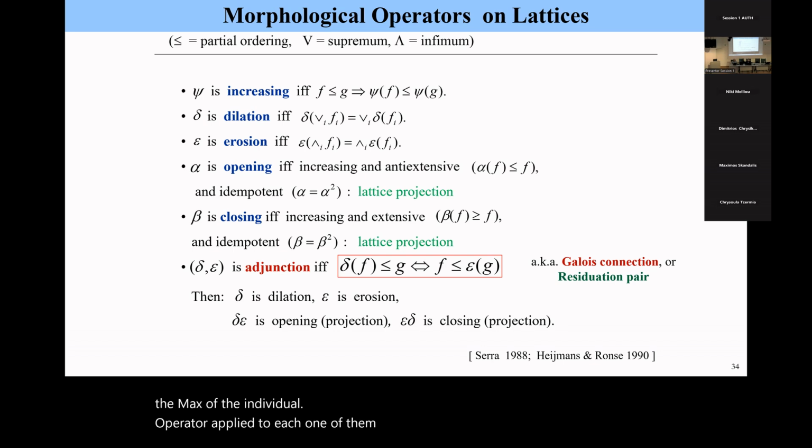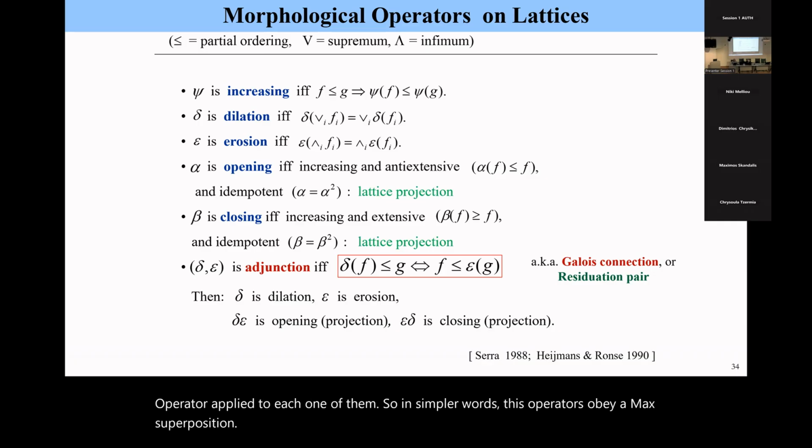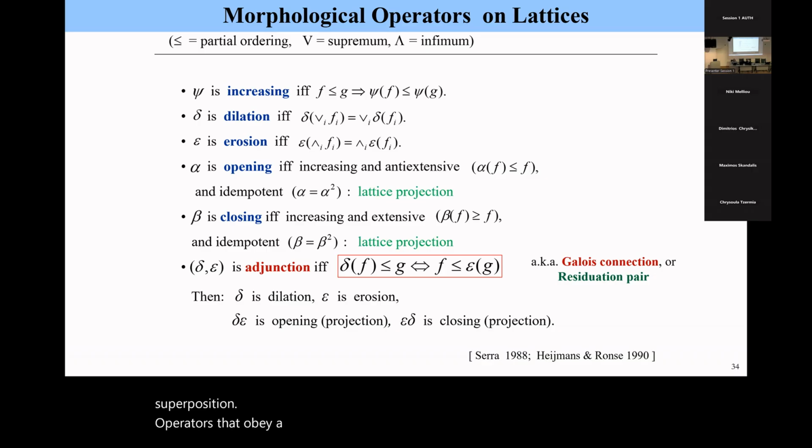So in simpler words, these operators obey a max superposition. Operators that obey a minimum superposition are called erosion operators.